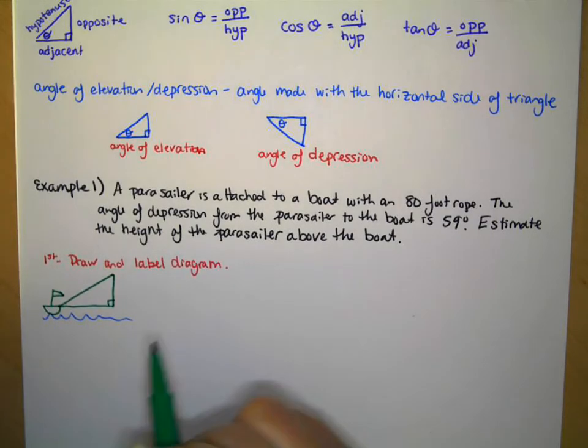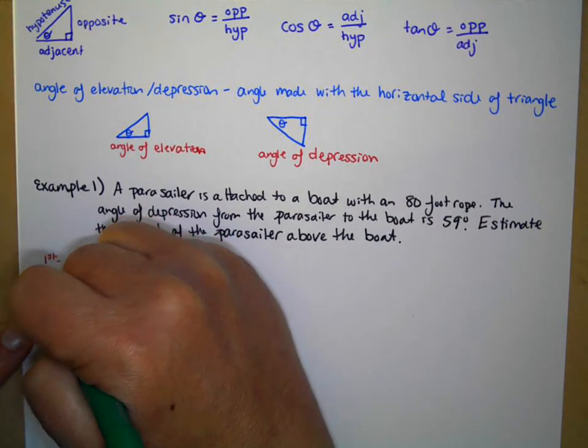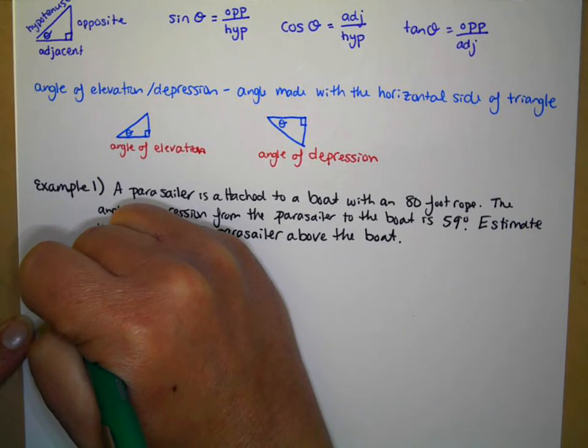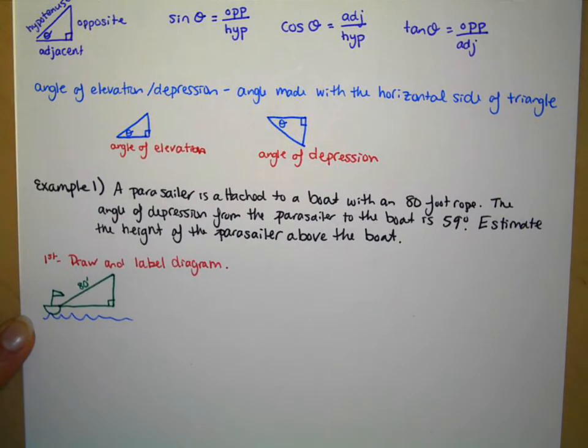We know the rope is 80 feet, so from the boat to our parasailer is 80 feet. And we know the angle of depression from the parasailer to the boat is 59 degrees.